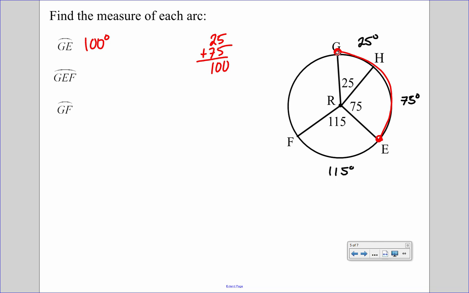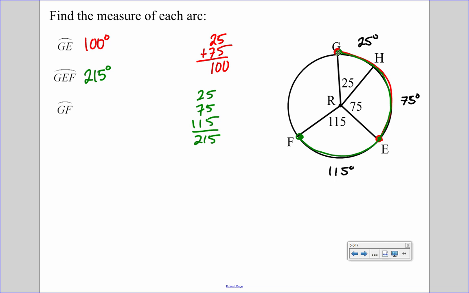Okay, let's look at GEF. We go from G all the way down to E, then to F. Now, if you notice, it includes the 25, the 75, and the 115 pieces. So we can add all three pieces together to get that whole entire arc, which is 215.